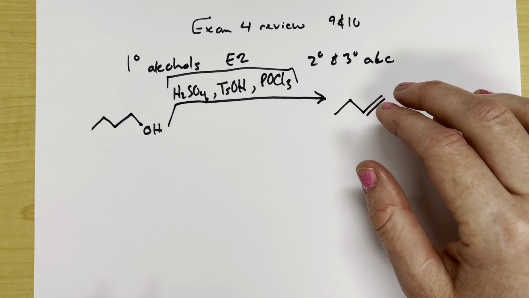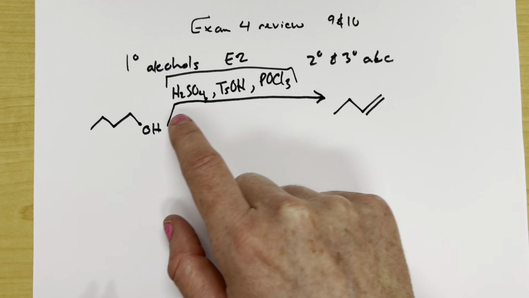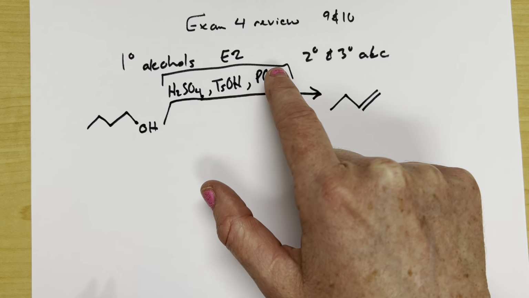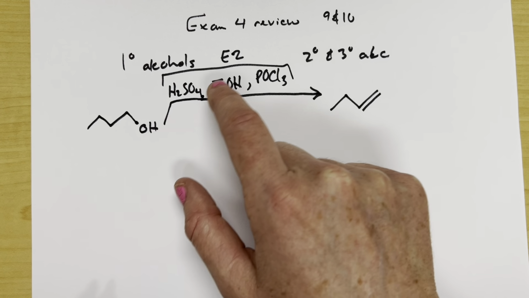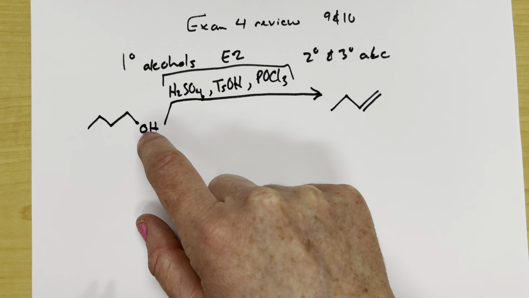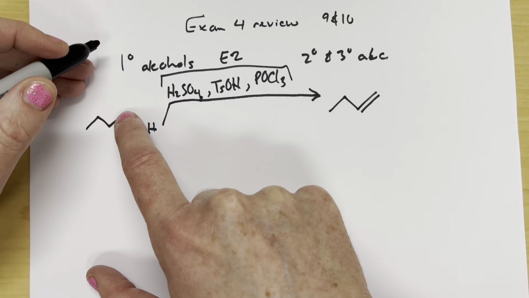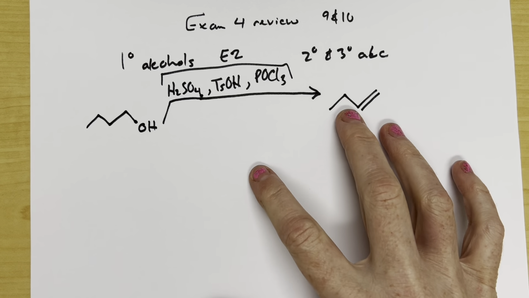The basic idea behind this is that these guys all make this alcohol a better leaving group. This alcohol takes on an H, or it takes on an OCl, which would be OCl2 once it attaches, or it takes on this TsO. No matter what, it becomes a better leaving group, and then hydrogen from here is taken, and you're able to get the alkene. Okay, so that would be the E2 reactions.